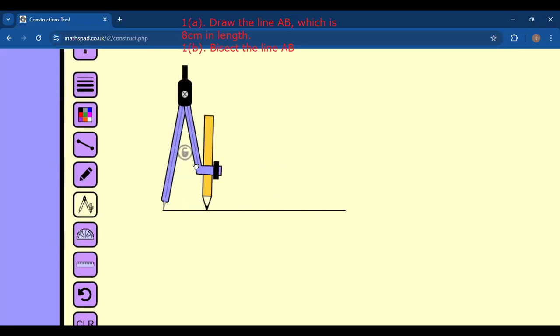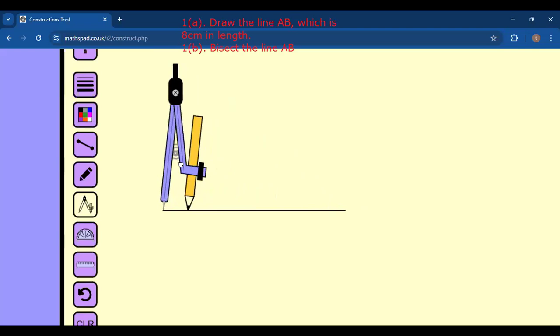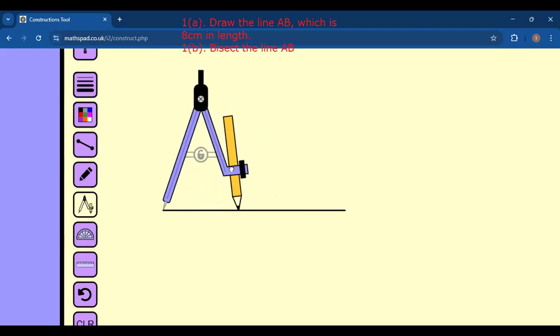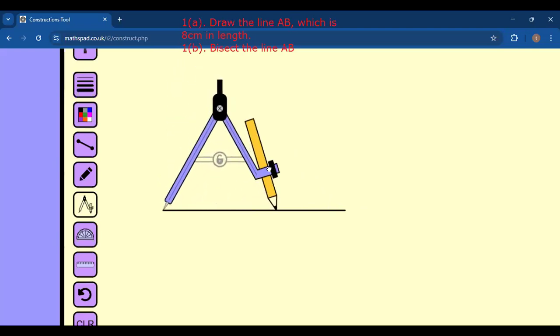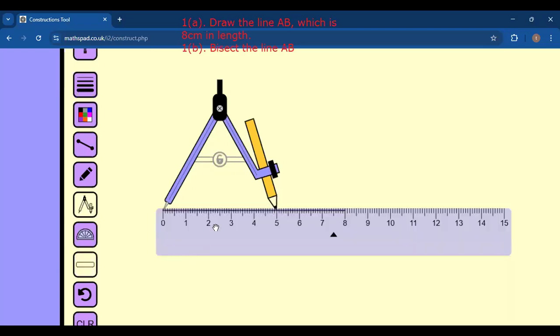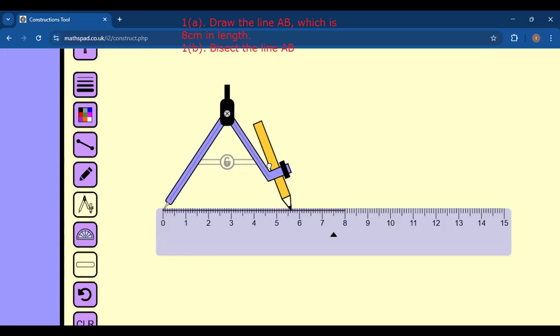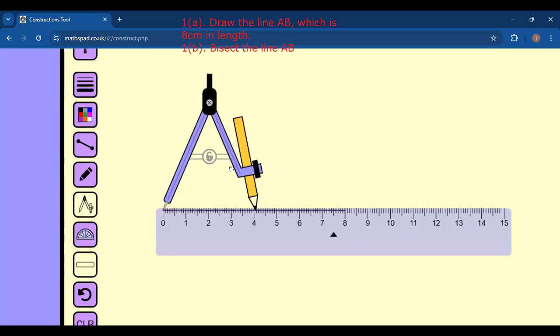You can use the ruler to measure it. Yes, sir. So it should be like what? 4 centimeters?